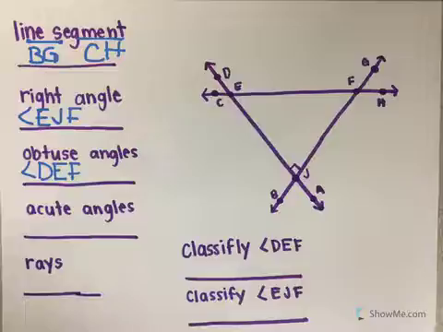Does anyone see any other obtuse angles? Hannah? G, F, C. Perfect. Angle G, F, C. So those are 2 obtuse angles.